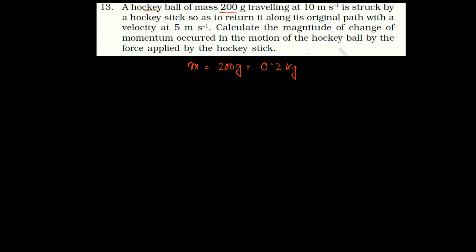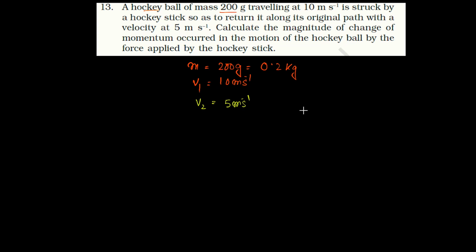That means the hockey ball is moving at a speed of 10 meter per second. The initial velocity we write as v1, which is 10 meter per second. The hockey stick hits that ball to move back in the original direction from which it was coming, with a velocity v2 given as 5 meter per second.